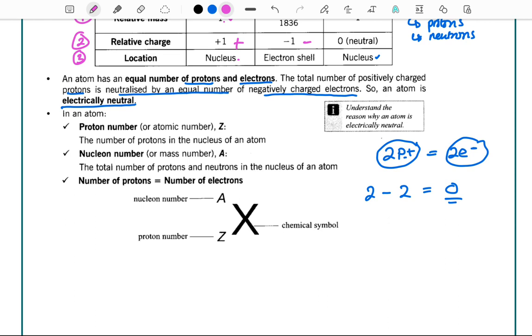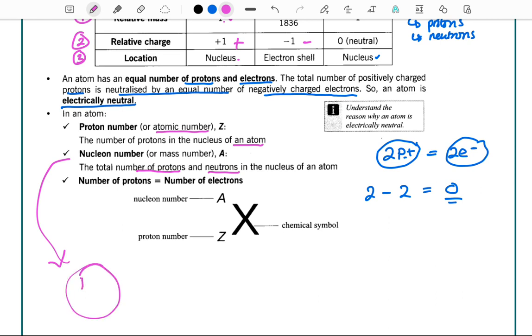So in an atom, the proton number or atomic number is Z. Then the number of protons in the nucleus of the atom, that's the proton number. And also the nucleon number is the total number of protons and neutrons in the nucleus of the atom. So here we have the nucleus, right?